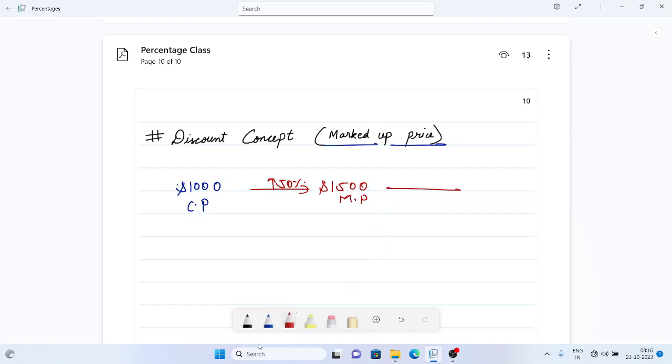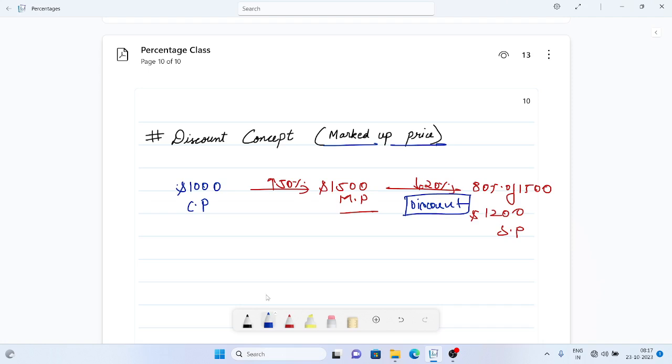Now I give a discount of 20%, so its value decreases by 20%, so it is 80% of the mark price. So what is the selling price? Selling price is this. So mark price is calculated on the cost price when we increase the price, and discount is always given on the mark price. Okay, this you have to remember.